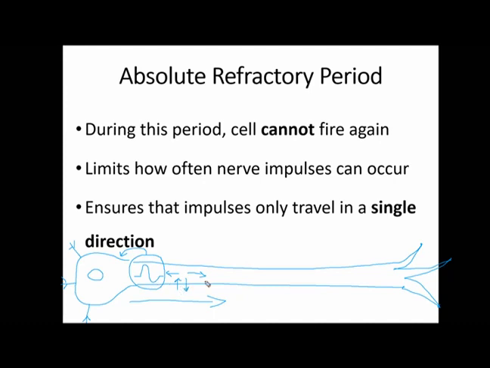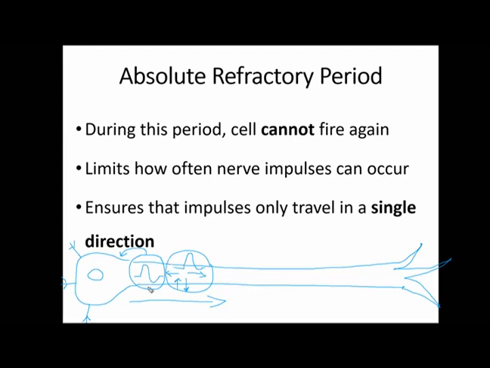But this is where that refractory period comes in. If we have a new action potential happening in this section, and the sodium ions coming in flow backwards, that change in charge can stimulate an action potential.